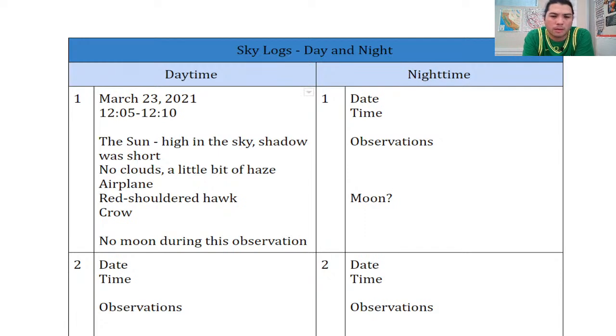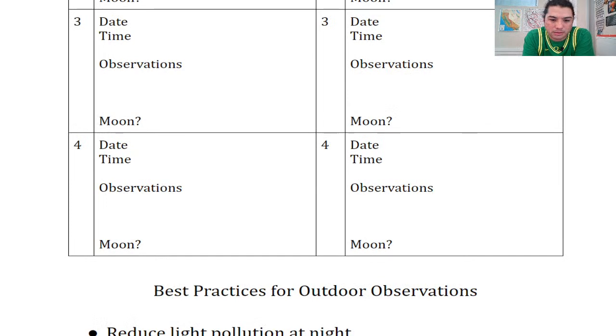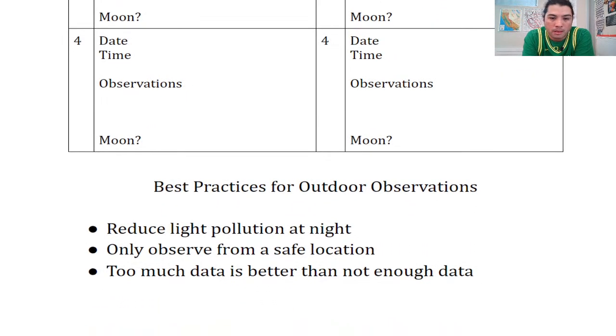Okay, I want to scroll down here. Best practices for outdoor observations. The first one says reduce light pollution at night. If you've never heard the term, light pollution is basically this: the more light that's on or near you, the harder it is to see what's going on in the night sky.